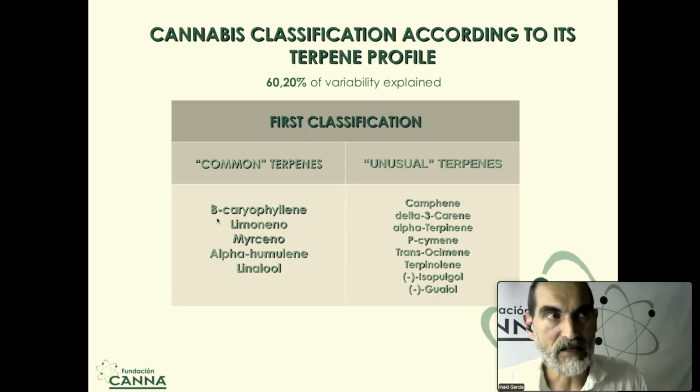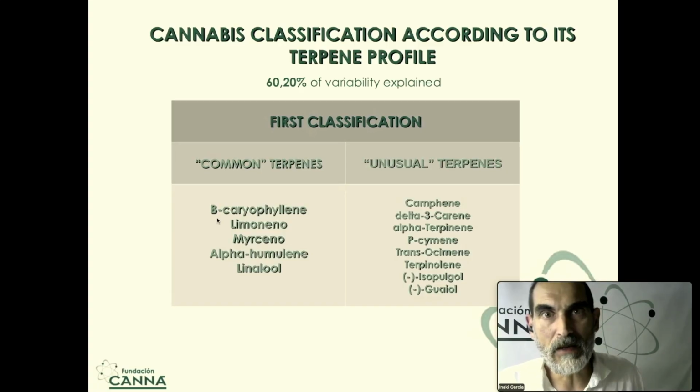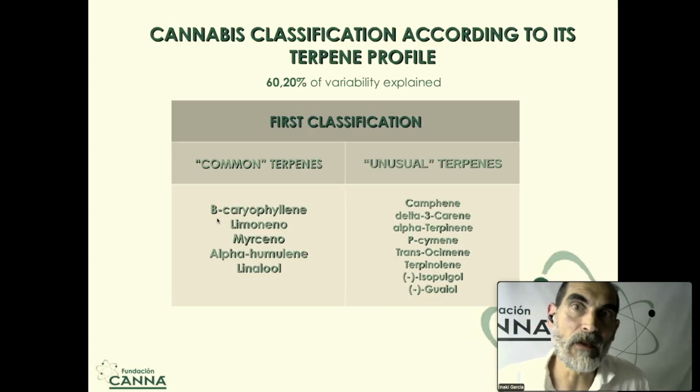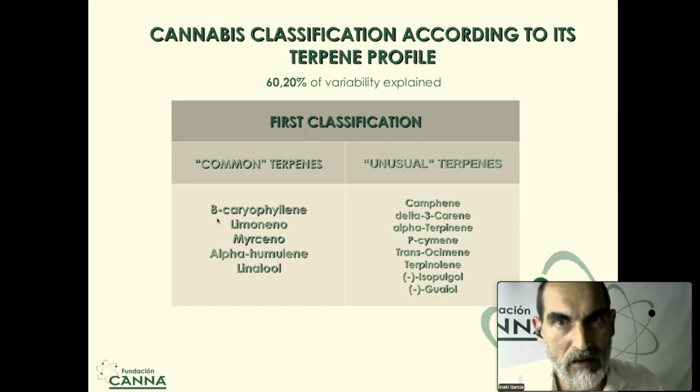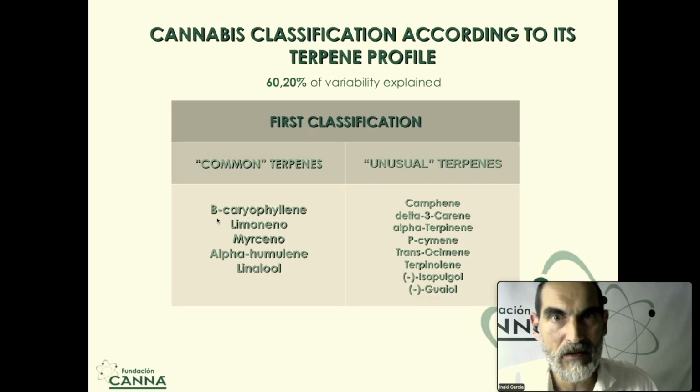I can give an example. Everybody knows about THCV or CBDV, which are not common cannabinoids. Usually plants don't have high levels of these strange, we can say, cannabinoids like CBDV and THCV.